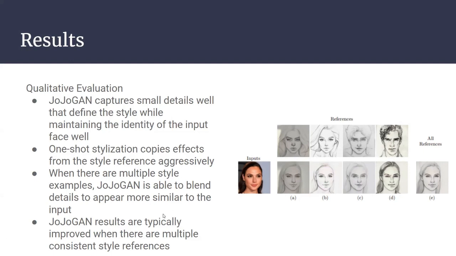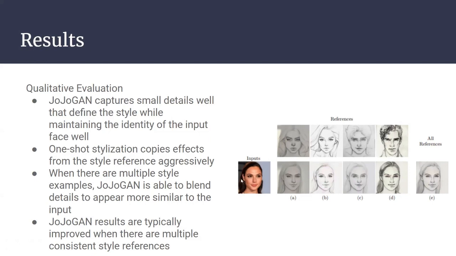So JoJoGAN results are typically improved when there are multiple consistent style references. As you can see here, these are the style references, and they're consistent, right? They look like sketches.